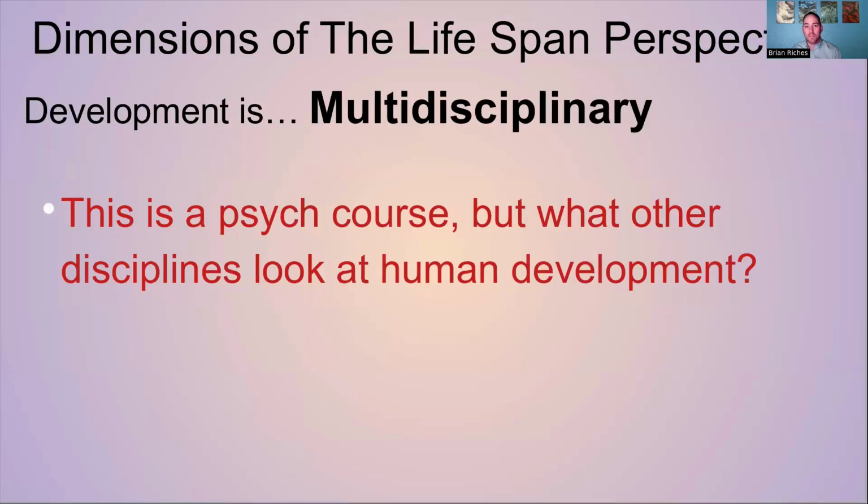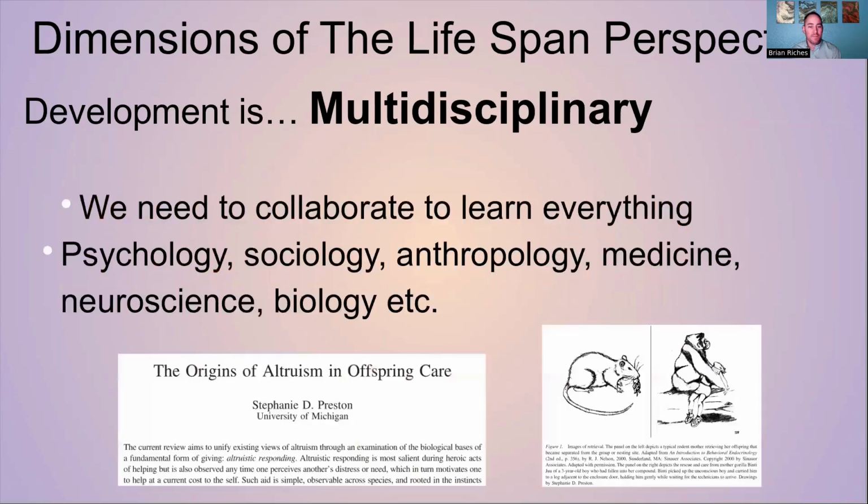Development's also multidisciplinary. Pause the video really quickly and think about other disciplines that might care about human development. Some are sociology, anthropology, medicine, neuroscience, biology. All of these fields look at human development. This is a researcher who also researches heroism, just like me, Stephanie Preston, and she looks at the genetics.